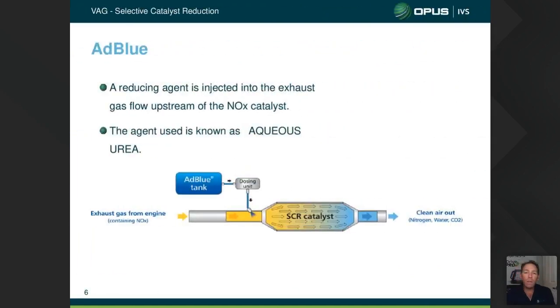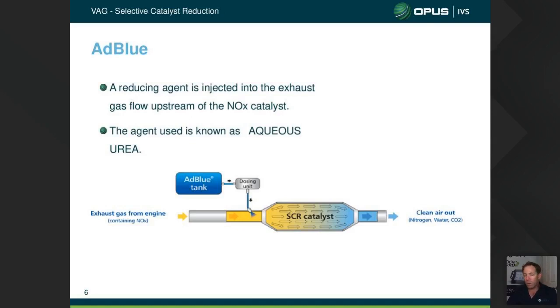All right, so AdBlue is a reducing agent. To make SCR work, the reducing agent is injected into the exhaust gas flow upstream of a NOx catalyst. The agent is known as an aqueous urea solution. AdBlue is just a brand name, but it's basically an aqueous urea, a watered down urea solution.